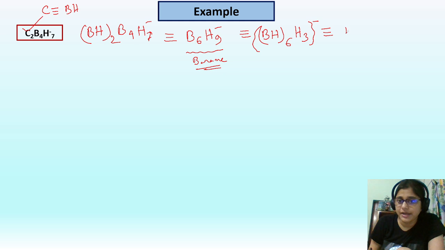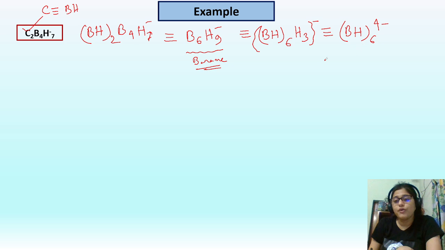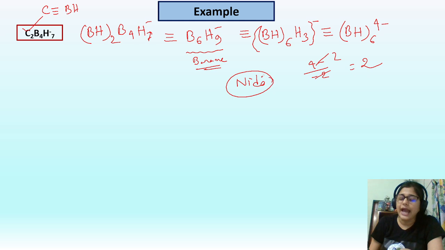And this will be compared with B6H6, and H will be gone. So it will be overall 4 negative, and 4 negative means by minus 2 it will be 2, and 2 means nido. So the structure will be nido. And if you are asked about polyhedral electron count or that kind of molecular orbital or skeletal electron pair, that can be the question, right?